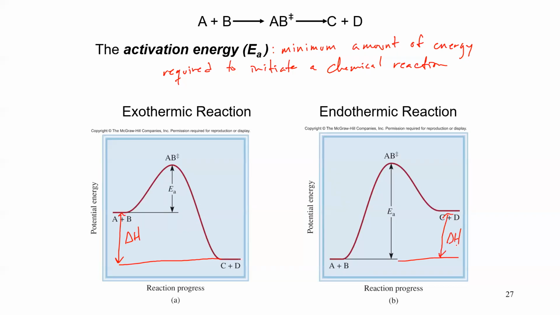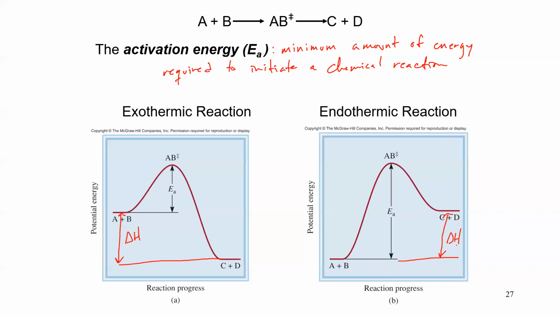We have to add in energy, but we don't just have to add in energy, the difference between A and B and C and D. We have to add in enough energy to get it over that activation energy barrier, hump, we sometimes call it, in order to get over to the products.